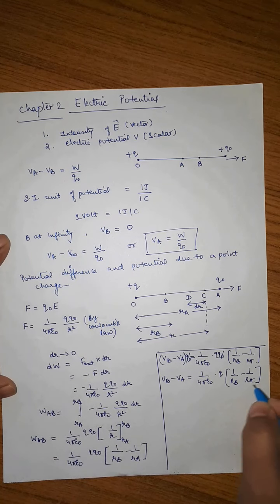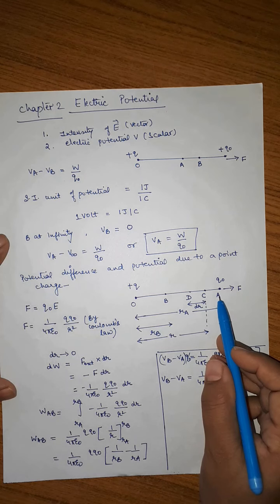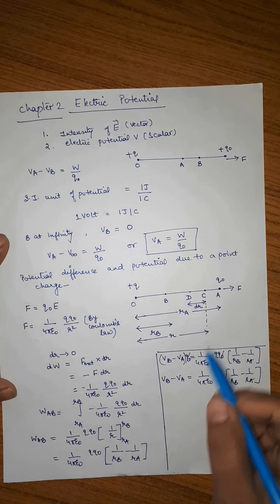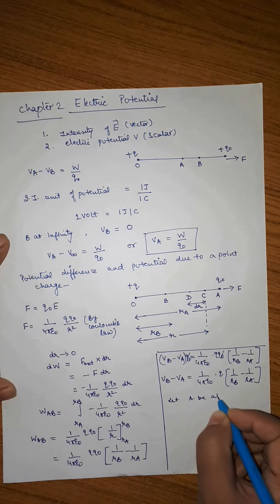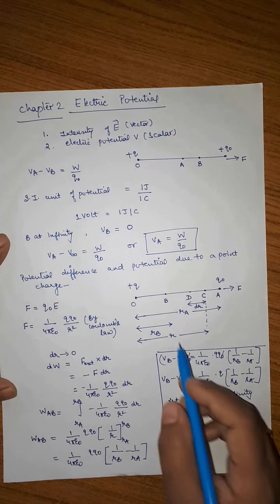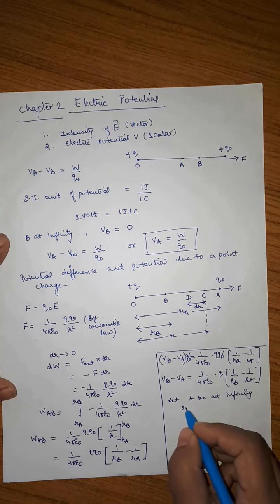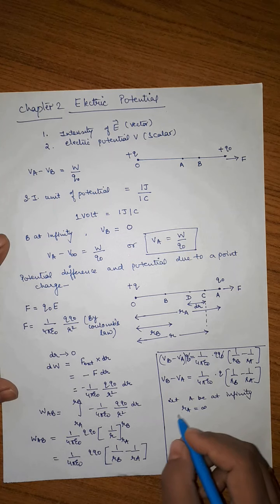Now if we consider that the point A is at infinity, that means we are considering point A is at a very far off distance, then what will be the distance RA? RA will be considered to be infinity, that is a very far off distance. We will put this infinite value here and we will achieve this term as 0.